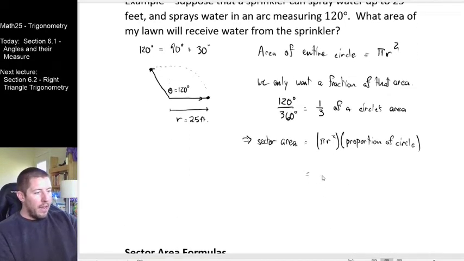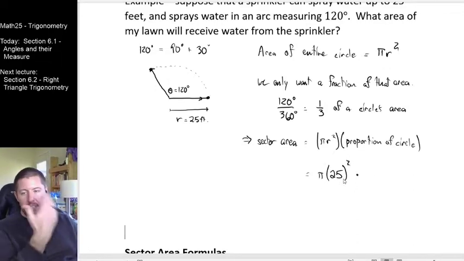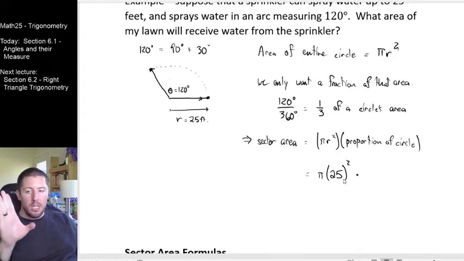We've got pi times r, our radius is 25 feet. We're going to square that. So this would give us the area if the sprinkler did a full 360 degrees. It would be pi times 25 squared square feet. But we're only going to get 1/3 of that because our sprinkler only has a span of 1/3 of the number of degrees in a circle.